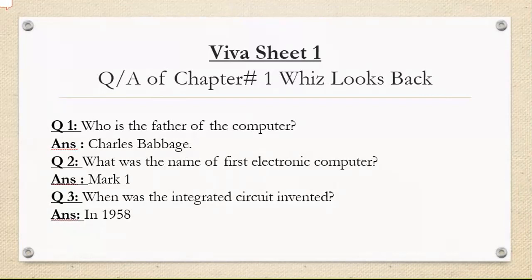Question number 2 is, what was the name of first electronic computer? The name of the first electronic computer was Mark I. Question number 3 is, when was the integrated circuit invented? It was invented in 1958.